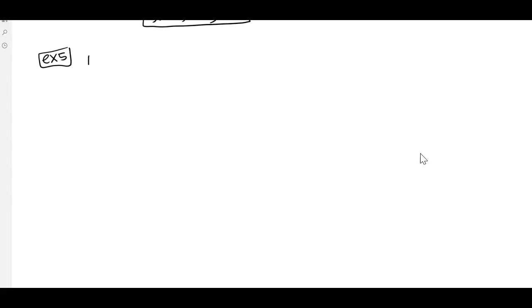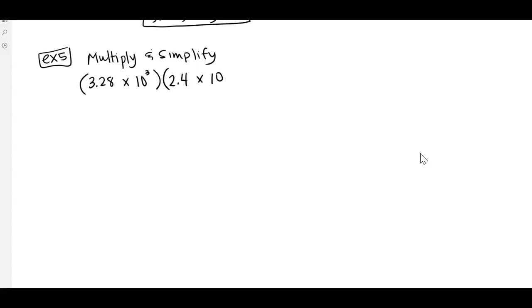All right, so our directions on this are to multiply and simplify. We're given one number in scientific notation, 3.28 times 10 to the 3rd power. We're going to multiply that by 2.4 times 10 to the 4th power.